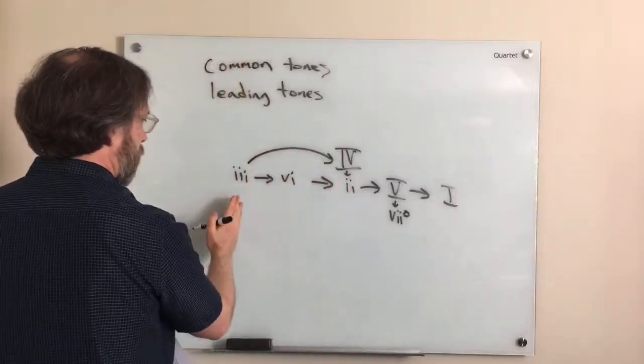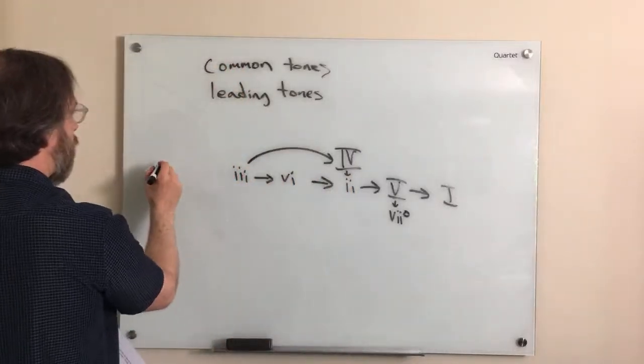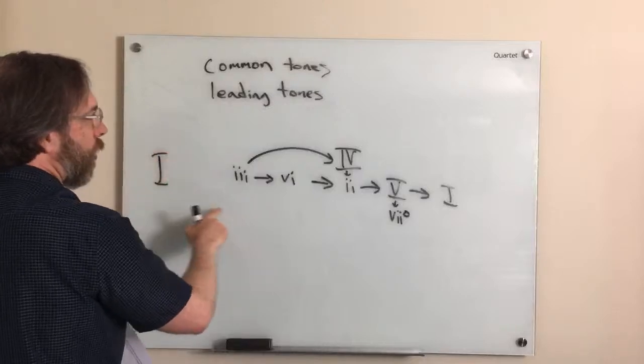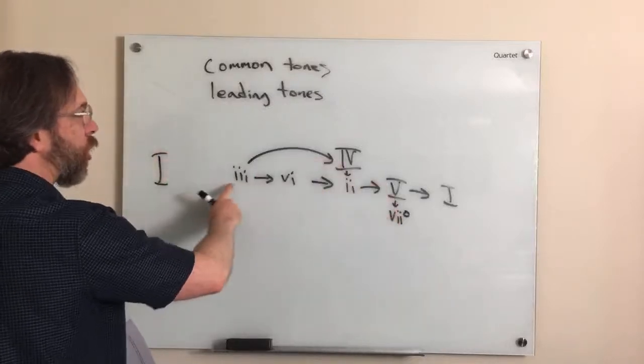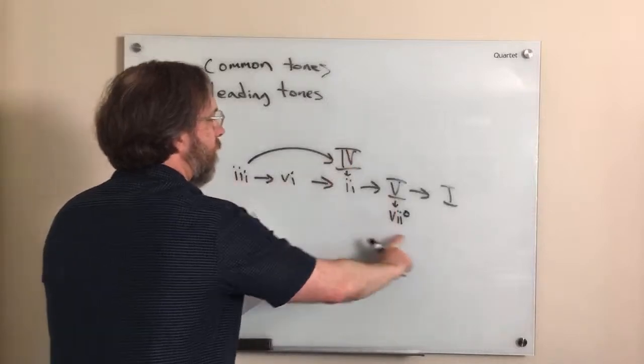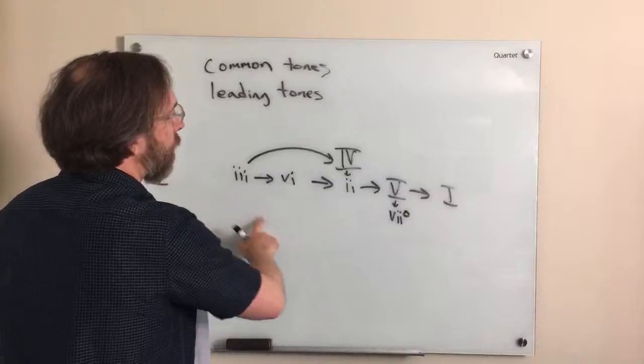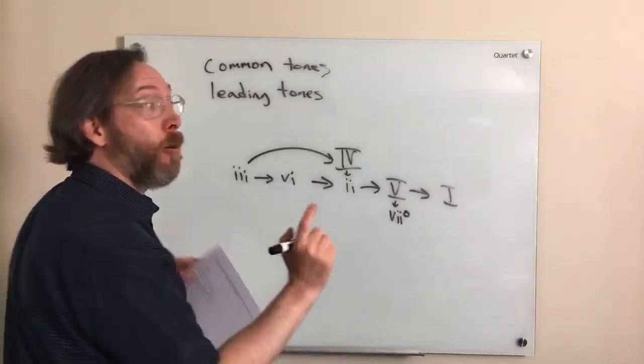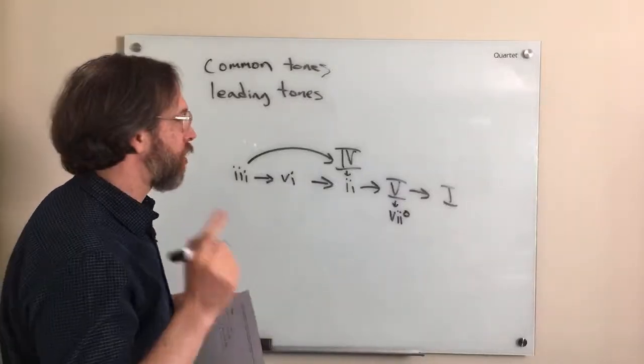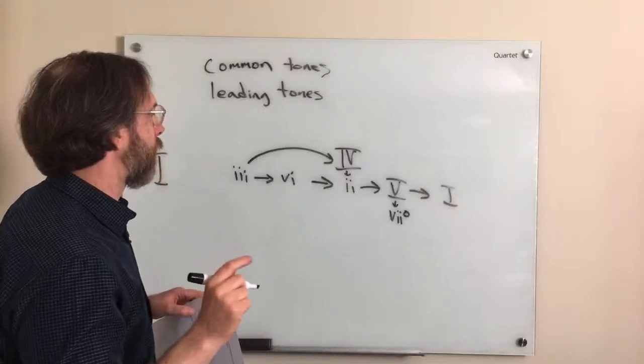So if you start at 1, you can go to any one of these chords. Consider it like the harmonic conveyor belt. 1 can jump to anywhere on the harmonic conveyor belt. However, once you get on the conveyor belt, there are certain paths you can only go.